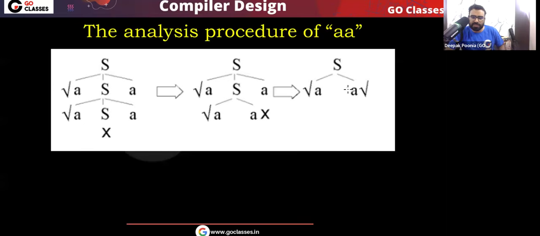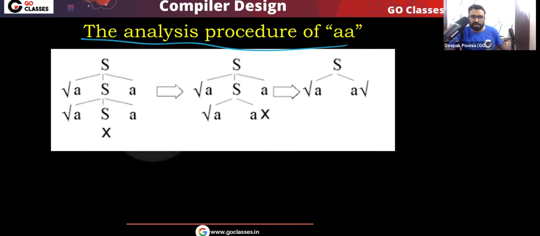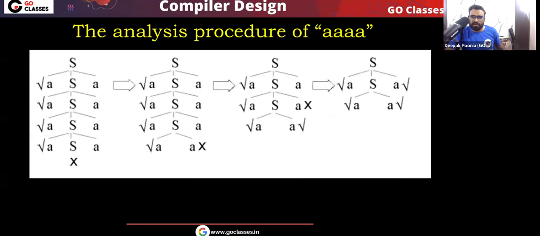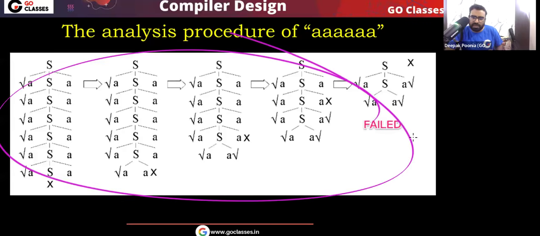Everything that we have seen, the complete explanation, you can see here. This is the analysis for AA, which we have already seen. For A power 4, I gave you the homework, but the answer is here, so you can try and also check the answer. For A power 6, we have already seen the complete analysis.